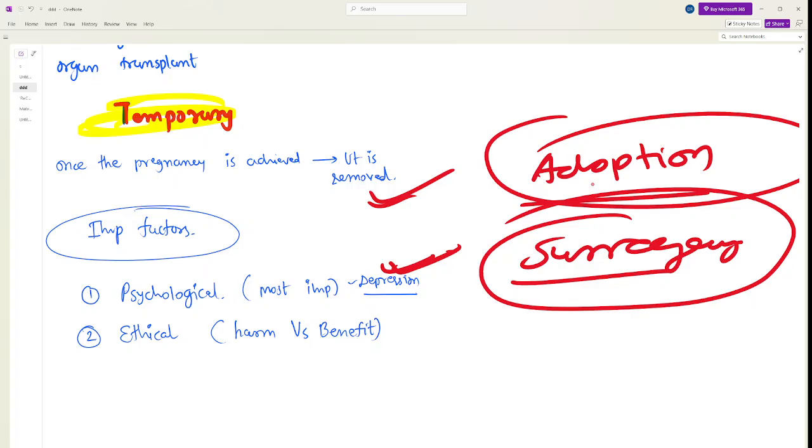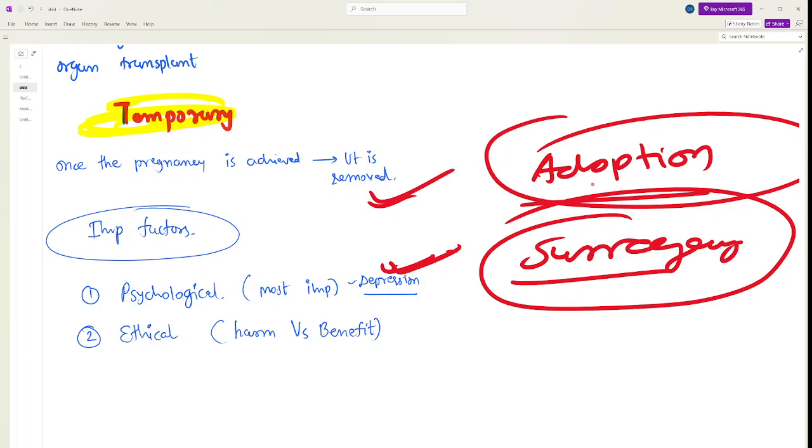So it's not a 100% successful procedure. Some patients might think, why take so much risk when it is ultimately not a guarantee of success? These are all important factors before we even think about the uterine transplant. This is the most important part here.